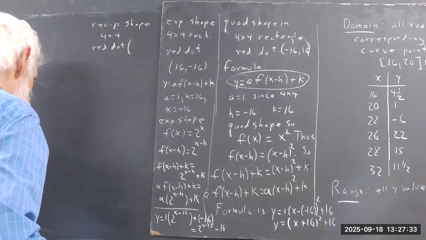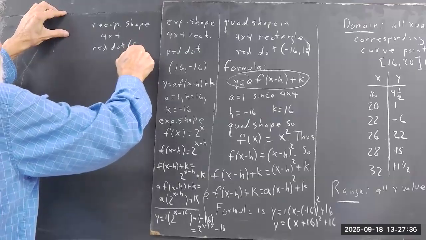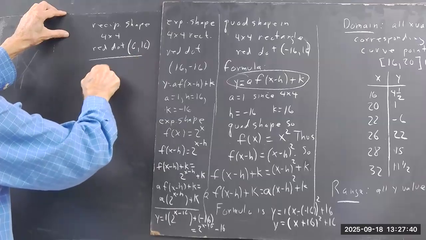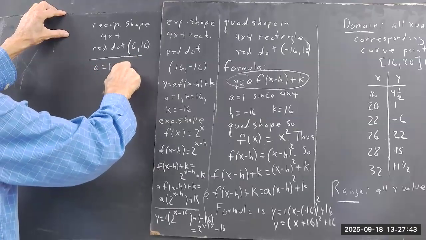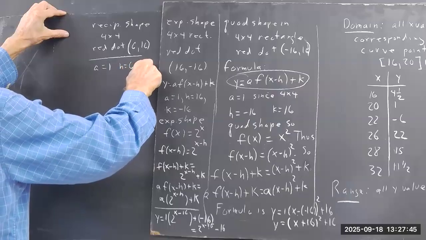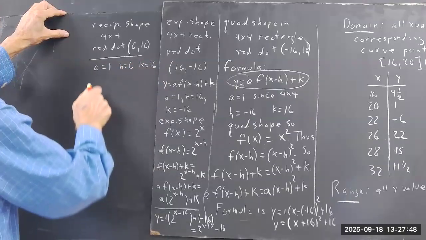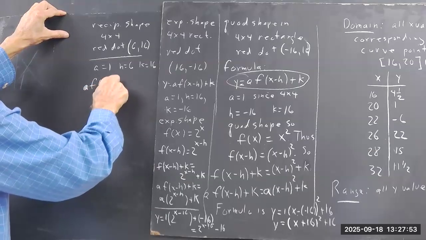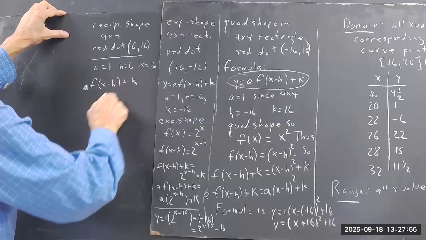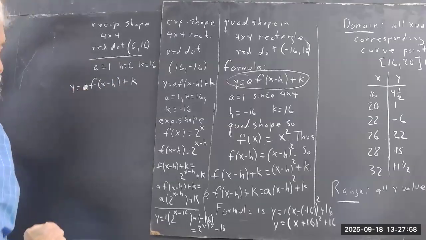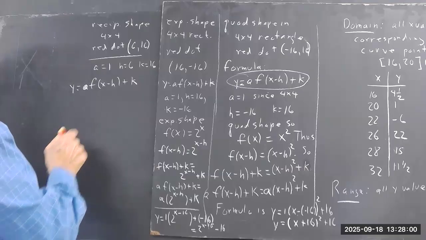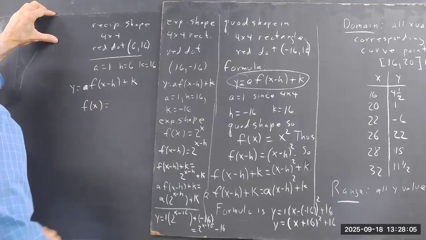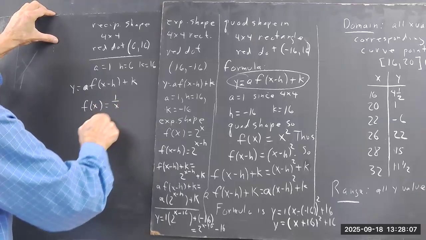And I said the red dot here is at the point (6, 16). So a equals 1, h equals 6, k equals 16. A f of x minus h plus k. F of x is the reciprocal function, 1 over x.